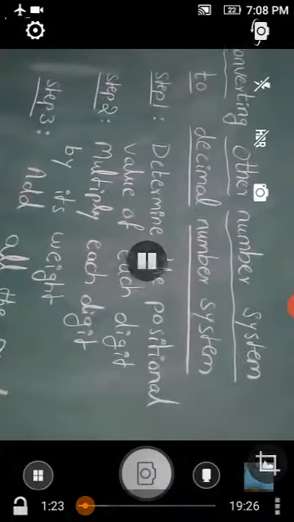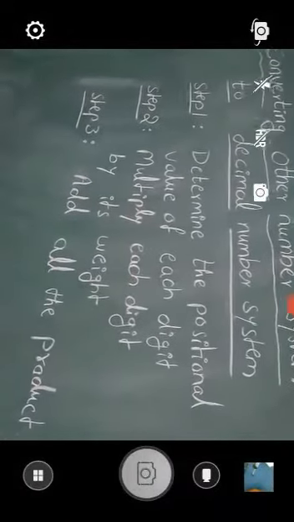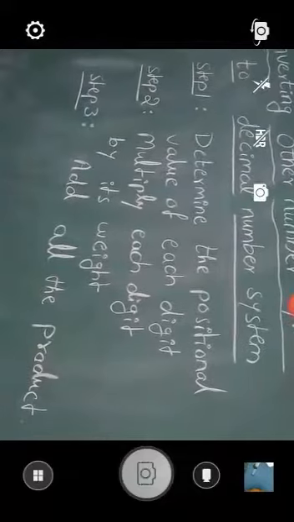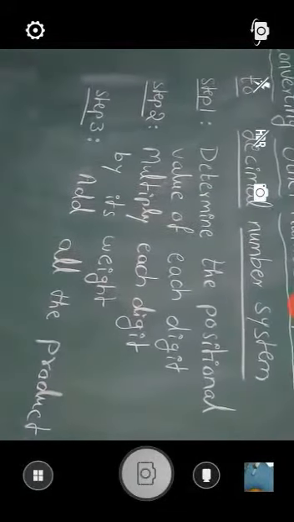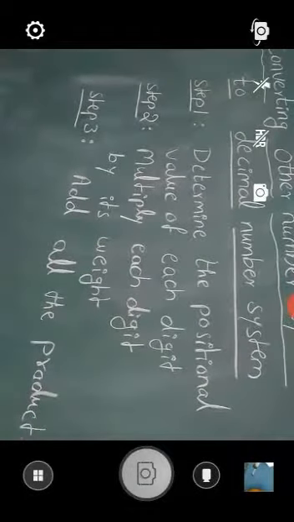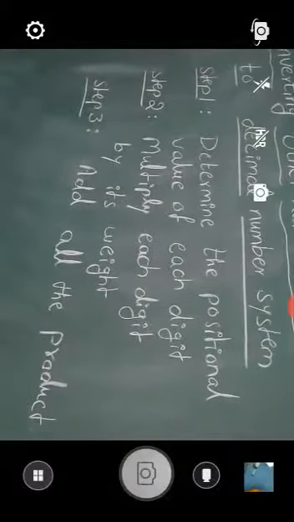You can see here, to convert other number systems to the decimal number system, we have to follow 3 different steps. First step tells us to determine the positional value of each digit. Second step tells us to multiply each digit by its weight.